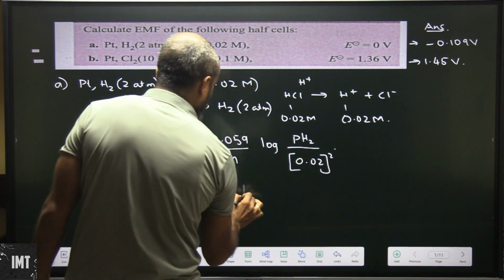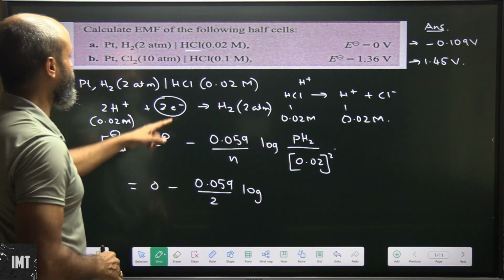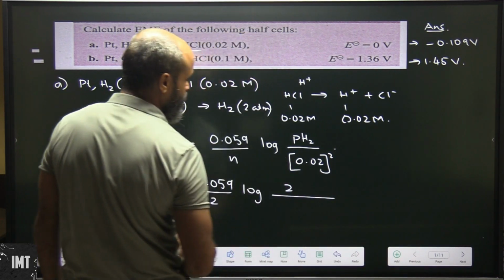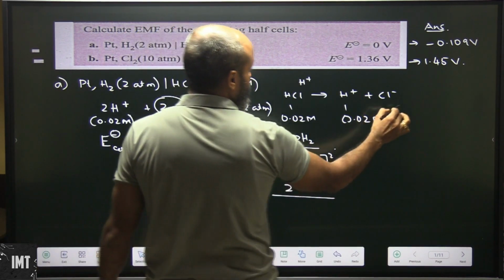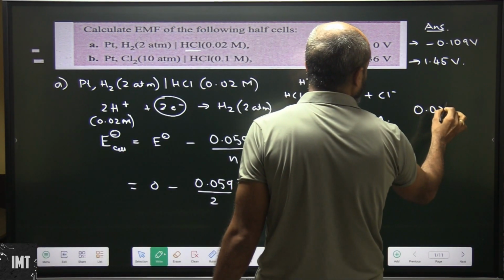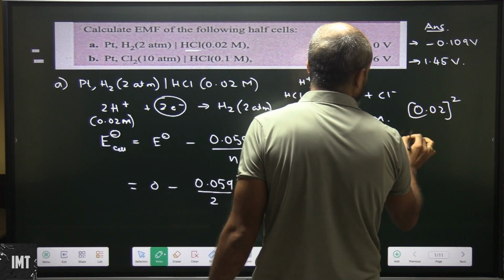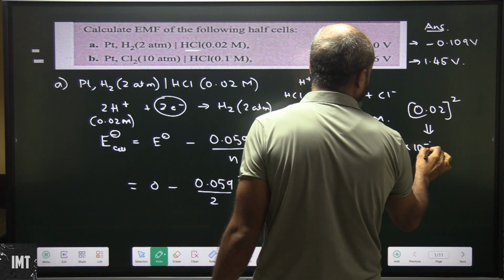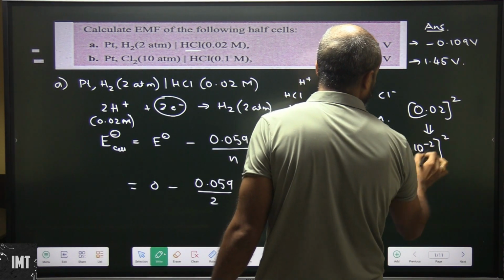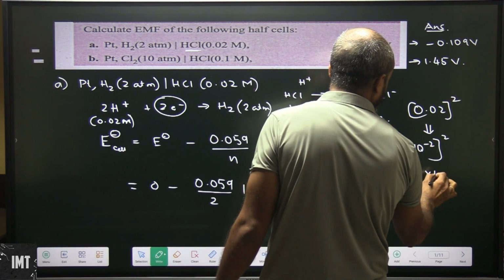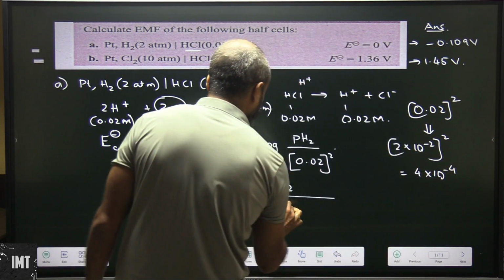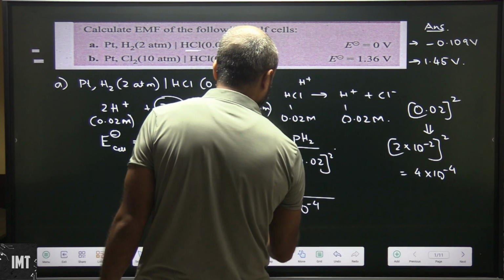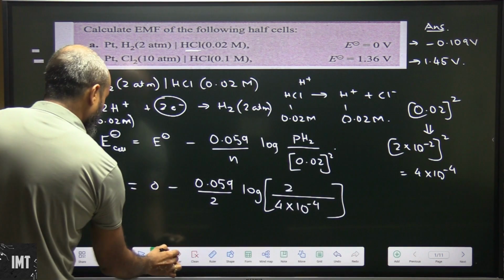This will be log of the pressure of H2, which is 2 atmospheres, divided by 0.02 squared. So this will be 2 into 10 raised to minus 2, squared, which is 4 into 10 raised to minus 4. So we will get how much, people?